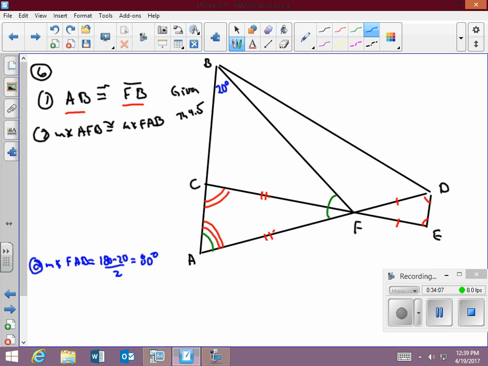So I'm going to write down here that this is 80 degrees, and then this is 80 degrees. I'll try to write it in green so that we know that's the angle we're dealing with. And then this one is 80 degrees.